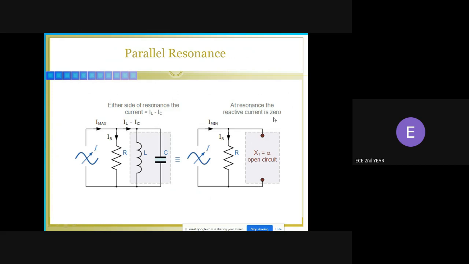At resonance they cancel each other, the reactive current is 0, so it will act as an open circuit. So the current flowing through this circuit depends mainly upon the resistance R only, not upon the inductor and capacitor at the resonance condition.